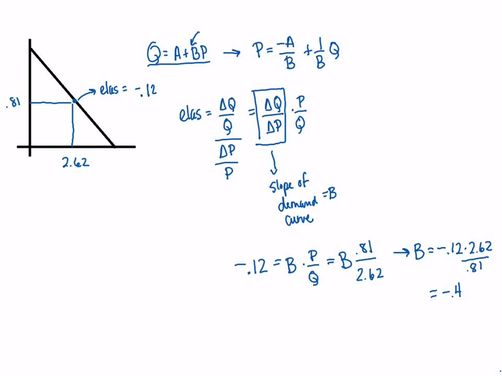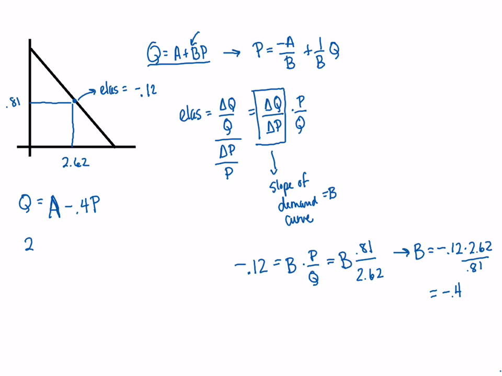So now we know what B is, right? So in our demand curve, quantity equals A minus 0.4 times P. Now we've got to, of course, calculate what A is. It's a pretty messy looking A. And so we can use, once again, our information about these two points.